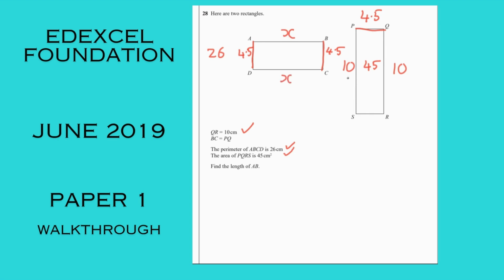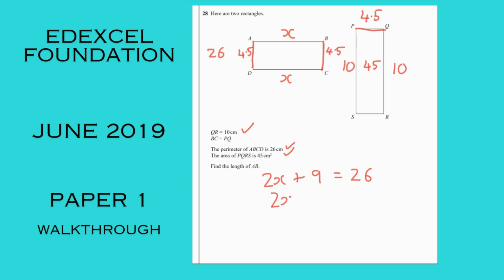So now we've got something we can work out. The perimeter of this shape, this rectangle on the left, the total distance around is 2x's, 2 lots of 4.5, 9. That's the total perimeter and that equals 26. Yep, it's a hidden set up and solve.